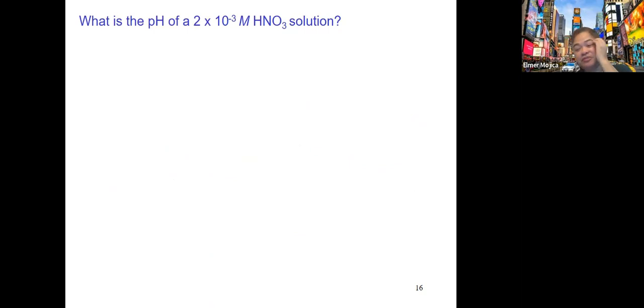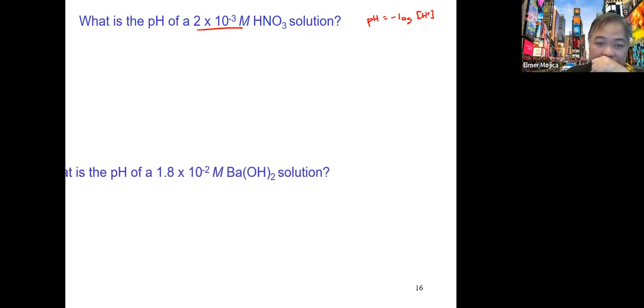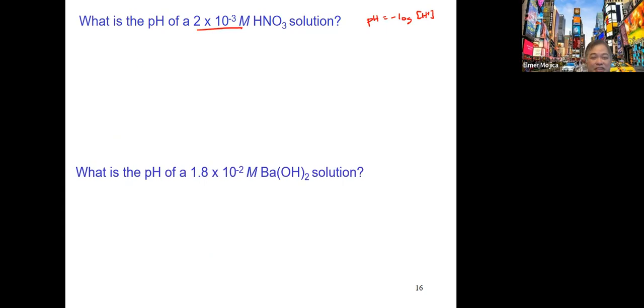So let's try to solve now pH of strong acid, strong base, weak acid, and weak base. Now, pH of strong acids and strong base, they're really what we call straightforward. You just use what? pH equals to negative log H plus. So whatever the initial concentration, usually yun din yung concentration ng H plus mo, because they undergo 100% dissociation, right?